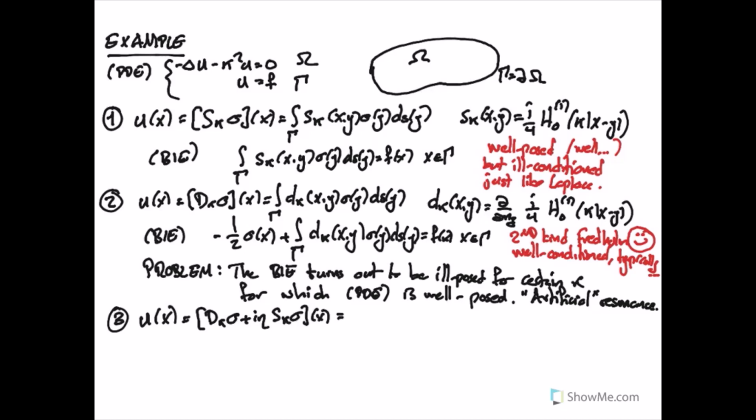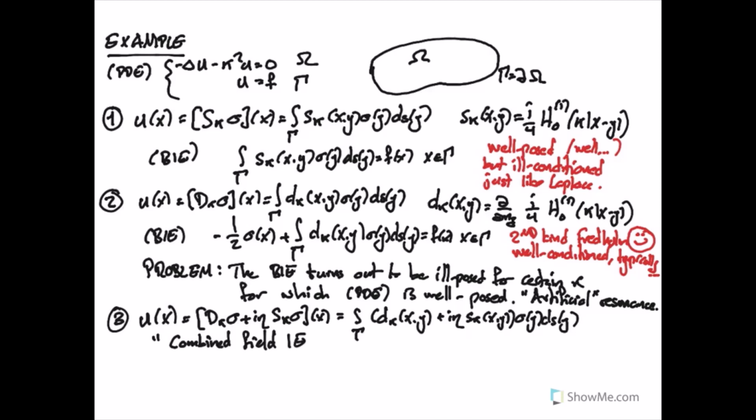So basically do a linear combination of them. So this is known as a combined field integral equation.